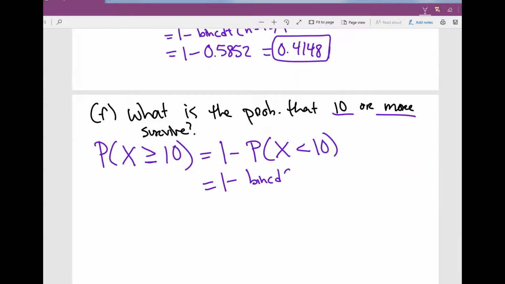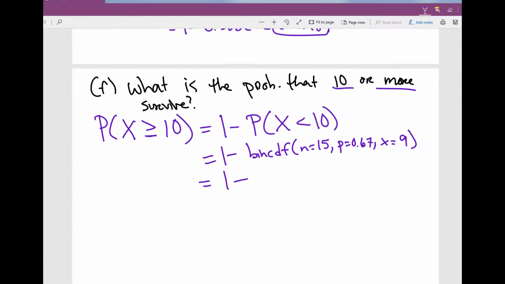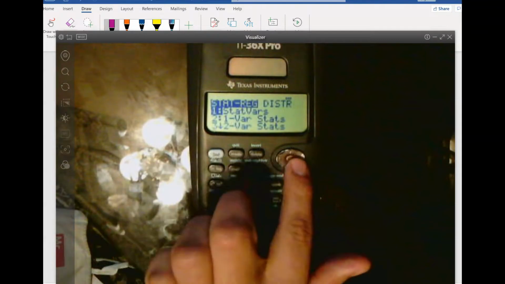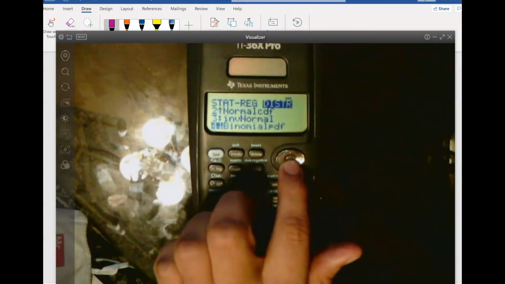Binomial CDF: N is going to be equal to 15, P is still 0.67, and X is not 10 because it's not including it. So we go down 1, and that's going to be 9. So you're going to do 1 minus binomial CDF. Let's go into our calculator. Second data, distributions, down to binomial CDF.